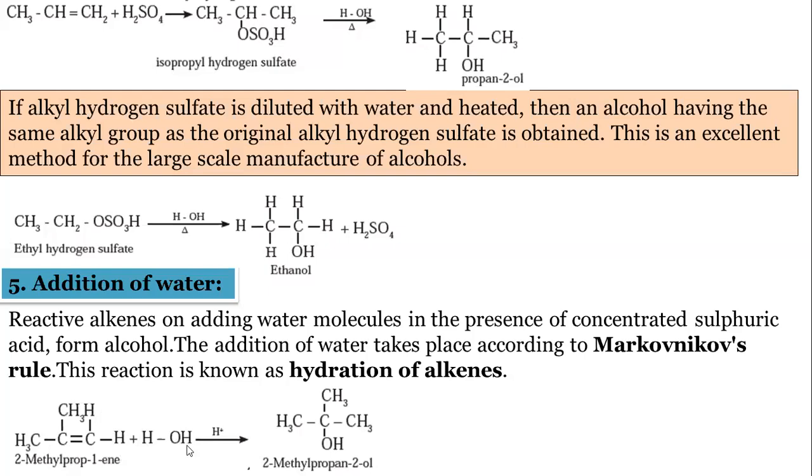So this OH group gets attached to the carbon atom to which the CH3 groups are attached. See, there are two CH3 groups, and this one has no hydrogen, here the second carbon has two hydrogens. So according to the definition of Markovnikov's rule, this OH will be attached to this carbon.